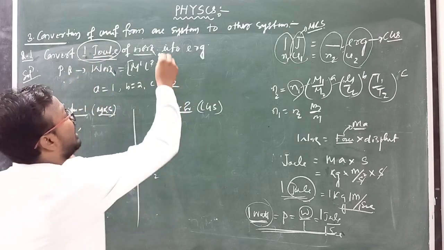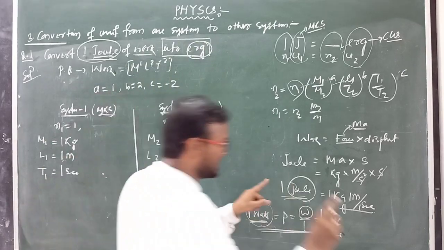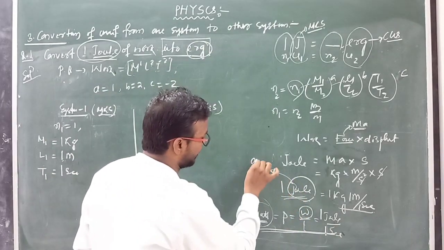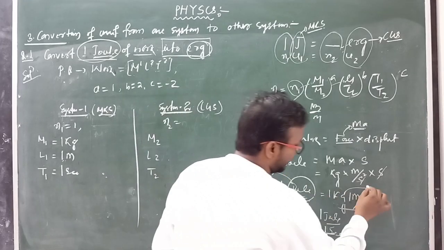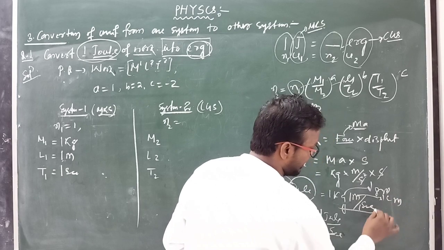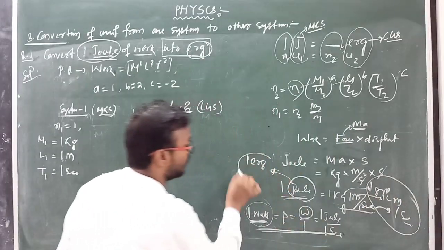And again, identify erg, which means CGS system. So in CGS system we write erg. This joule is converted to erg, that means 1 erg. Here kg is converted to gram, 1 gram, meter converted to centimeter, 1 centimeter, second is 1 second. So you have to write this relation for 1 erg.